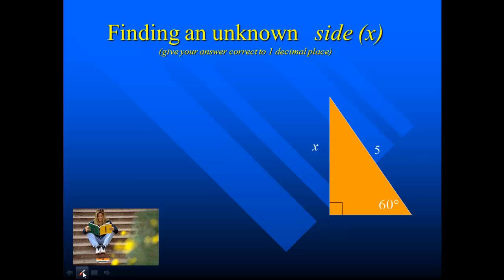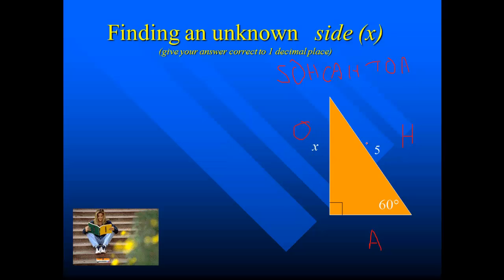So my first step is mark the sides: hypotenuse, opposite, and adjacent. Now, in order to choose the ratio I need, I obviously want to have my unknown, SOHCAHTOA, and the side that I actually know information about.